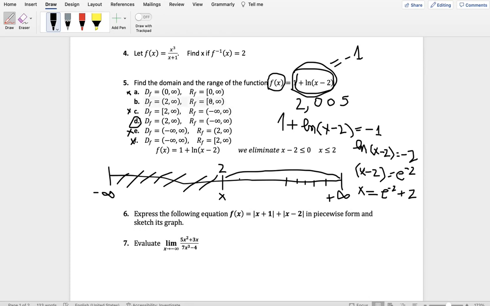So the value of this whole function here, 1 plus ln of x minus 2, cannot be equal to a value like minus 1, because minus 1 is not in the range here, okay? Do you understand that? Yeah, I understand. So you understand that, okay.